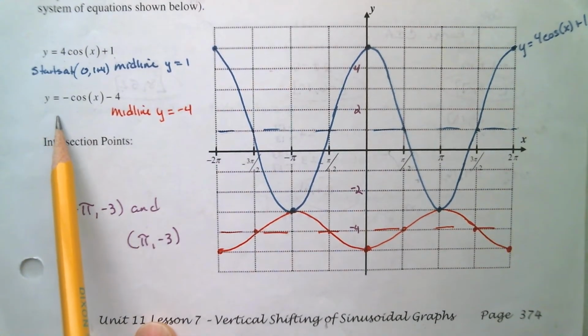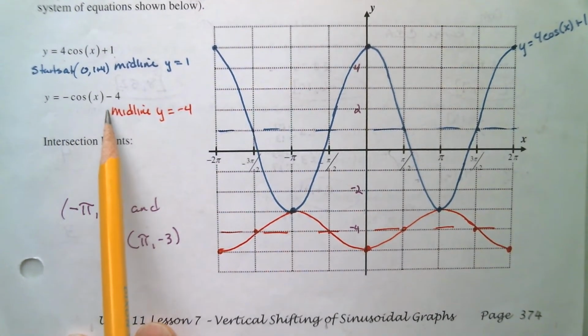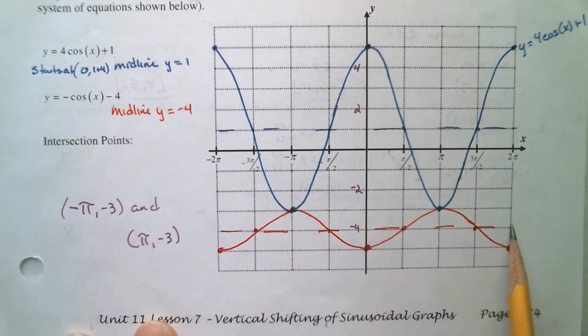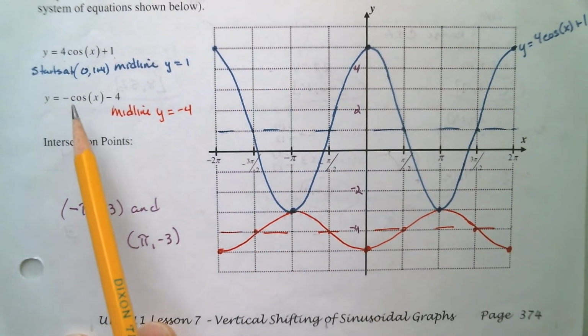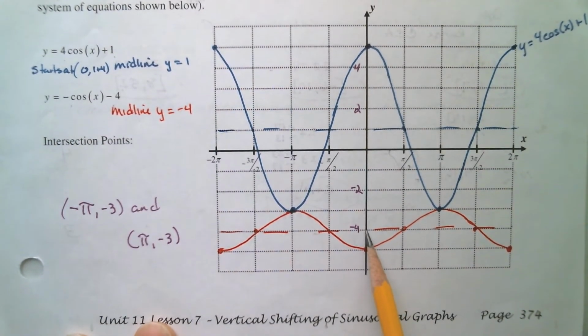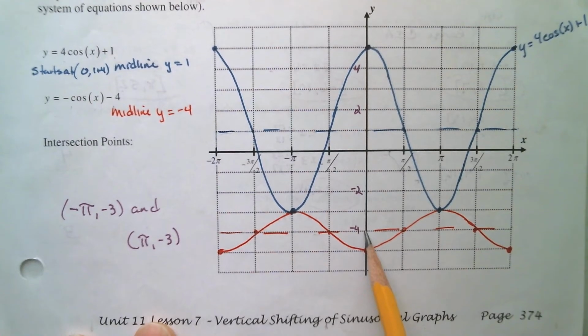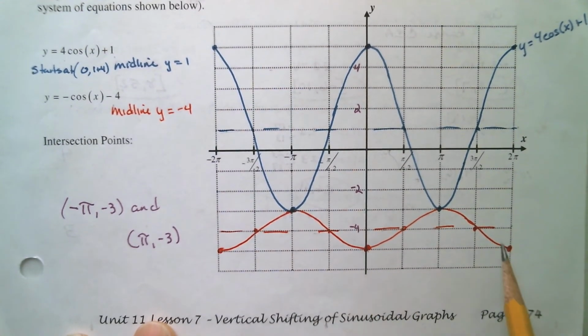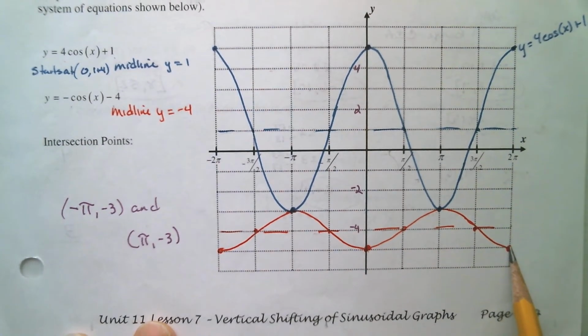In red, we have y equals negative cosine x minus 4. Midline is negative 4. We draw the midline of negative 4. The a value is negative 1. Cosine starts off the midline, so from the midline, it's starting 1 unit down. At 2 pi, it's going to be at that same height.